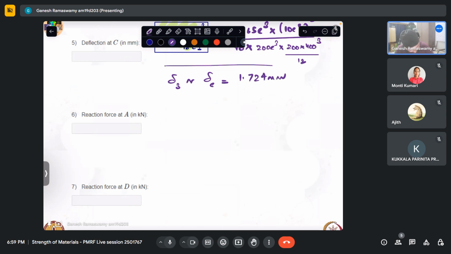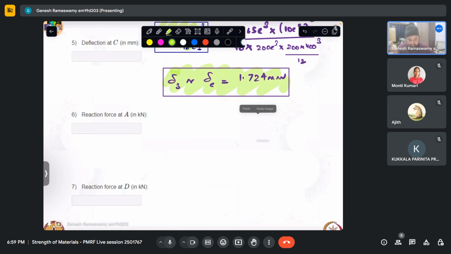Now, if we were to reflect on this value, we have a beam that is of length 10 meters and merely 1.7 mm is our deflection at point C. So very well. We have found out what the deflection at point C is.